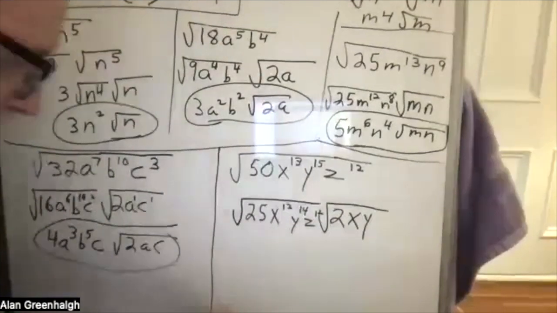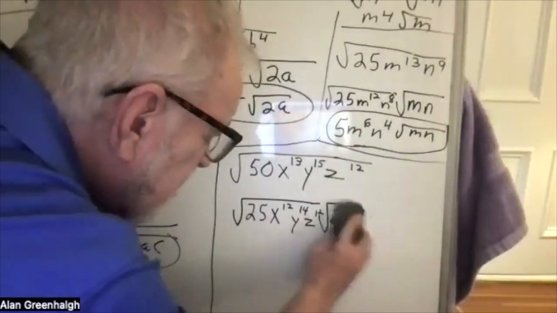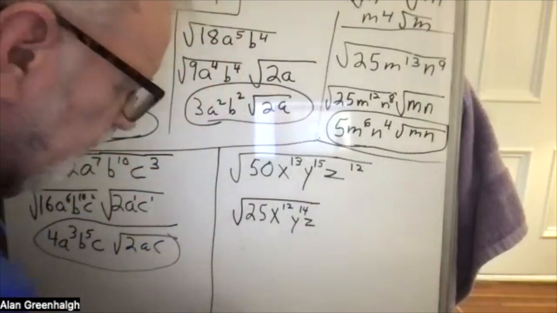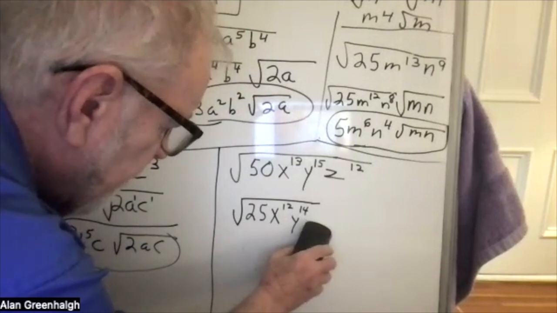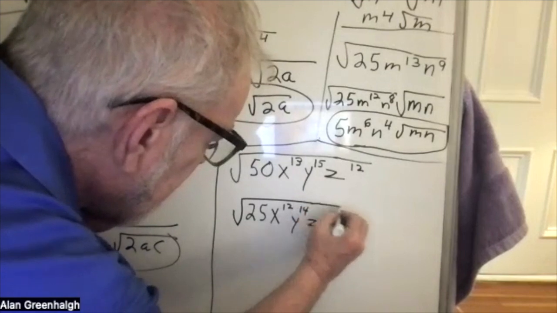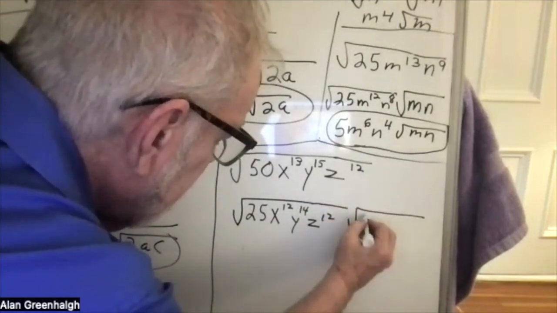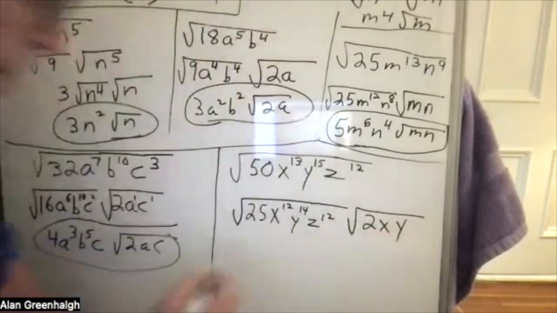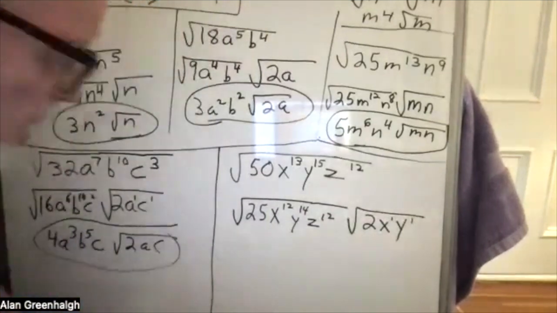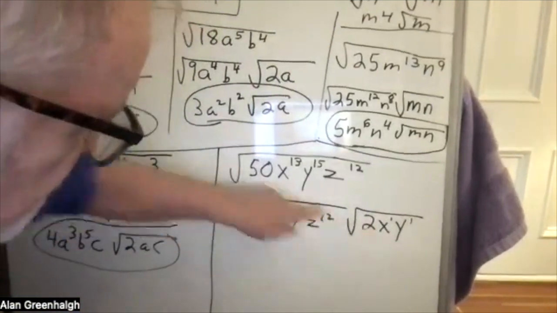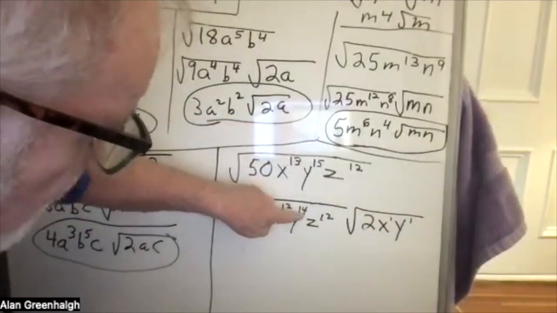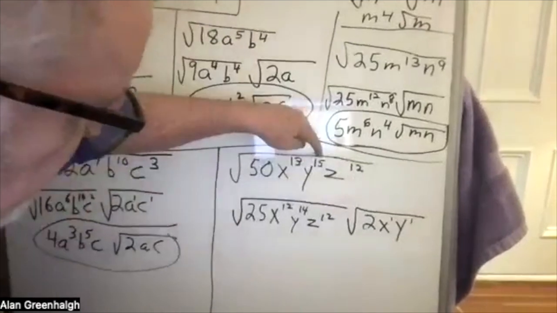Let me move this over. Everything is becoming crowded here. Z to the 12th. And this would be 2xy. All right, so if you wanted to check it, 25 times 2 is 50. 12 plus 1 is 13. 14 plus 1 is 15.